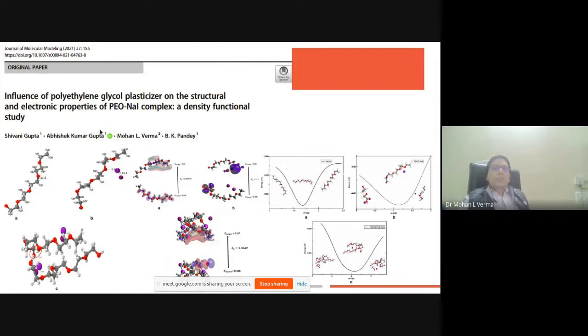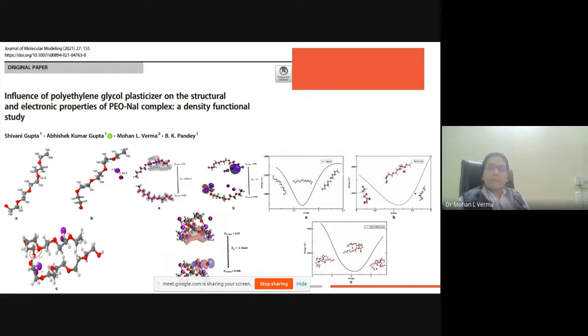In this paper, the influence of glycol and this plasticizer with the PONI complex is represented here. So the interaction of the salt and the polymer chain is shown. As for mechanical stability, the experimental people, what I am observing, give good results related to electrolytic properties, conductivity and structural properties, etc. But the mechanical strength is generally neglected.